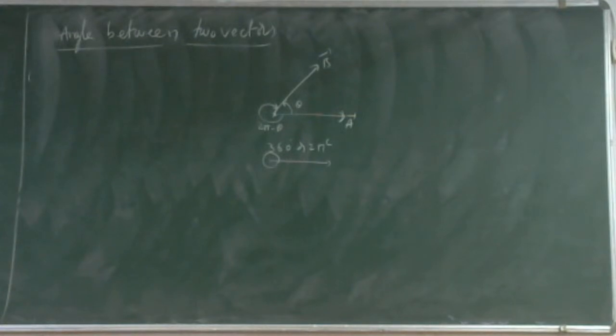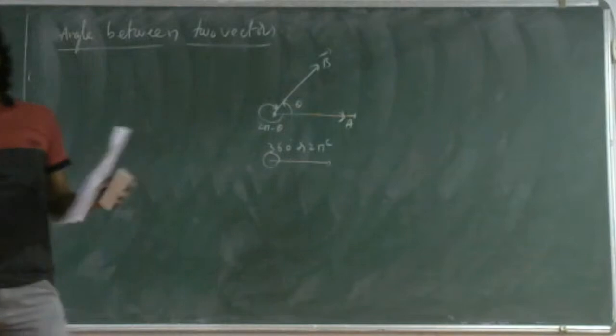The sentence can be written with different words also. When they are arranged as co-initial vectors or concurrent vectors, or when they are arranged with the tails at the same point, all mean the same only. So you have to understand the wording.